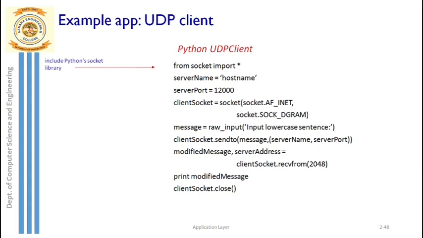What is that from address? The server has sent you the reply, right? So when the server sent the reply, the from address is nothing but the server's address. But that is not required here actually, right? When you are receiving the actual message, modified message, the uppercase sentence, along with that the server also has sent his address. But I already have a copy of that. Not a problem. Since he is sending you his address, you store that address.